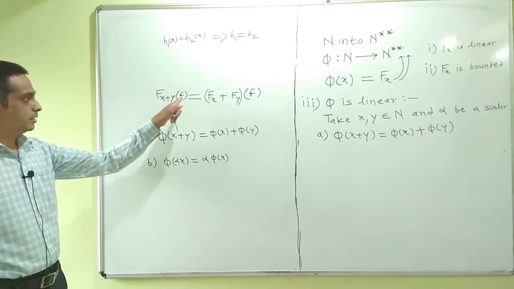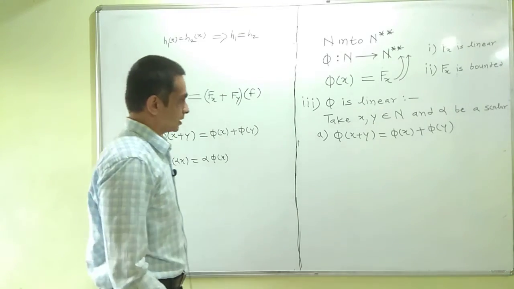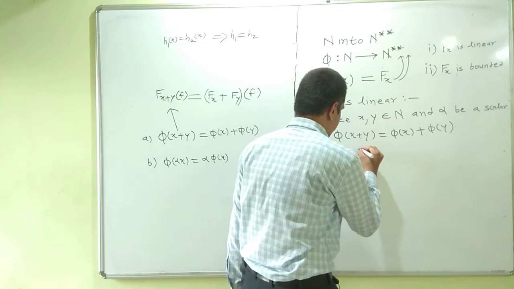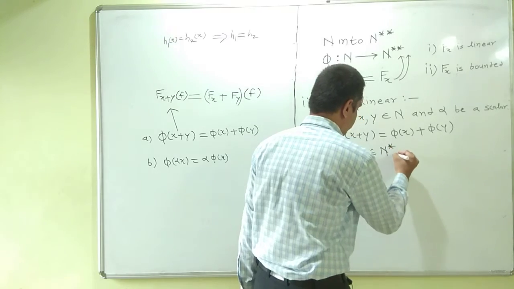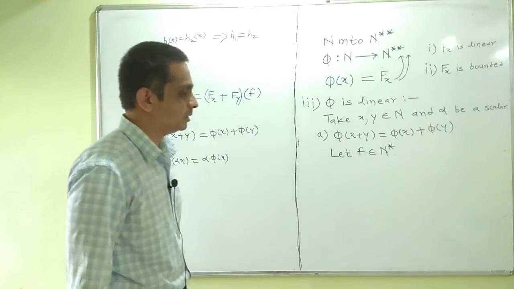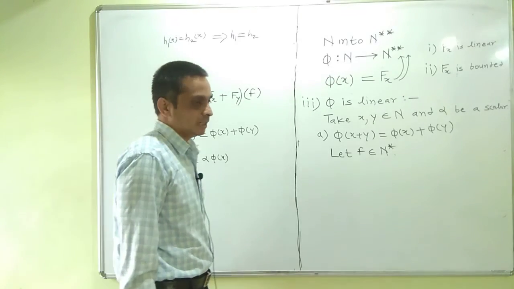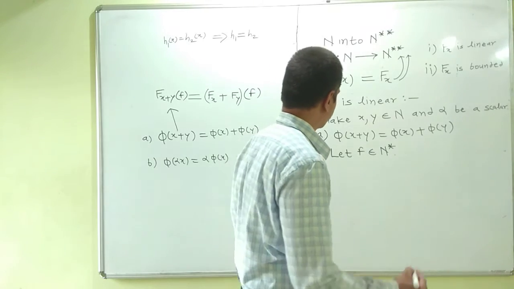So let us take a function f in N star. Let f be any functional in N star. By functional we mean a linear, bounded and scalar valued function. So let f belong to N star.